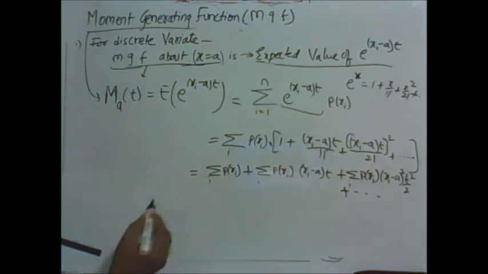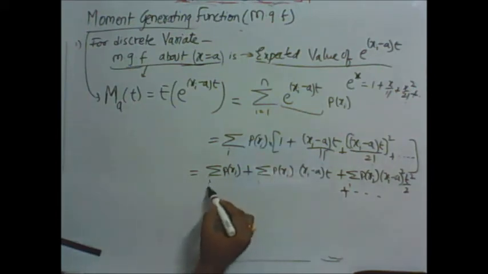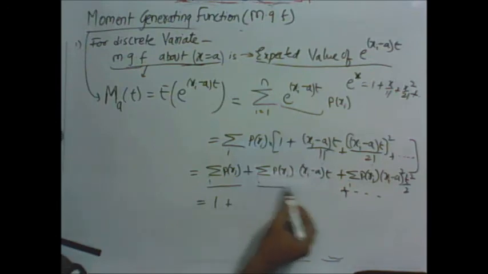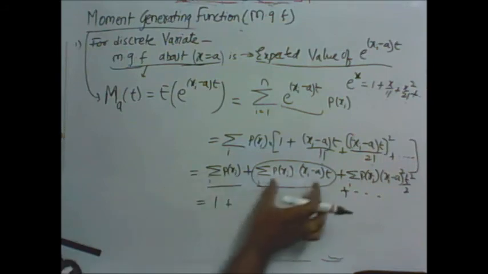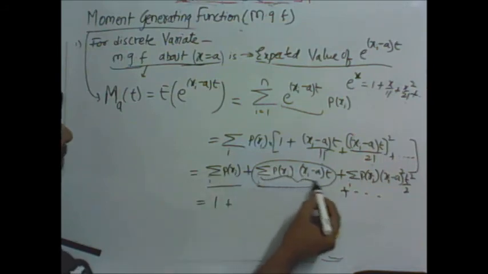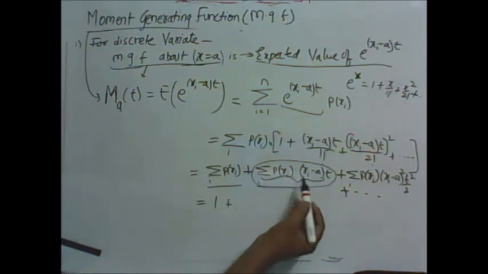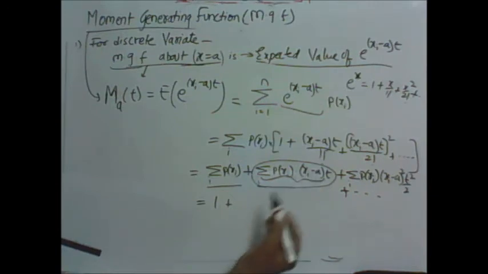This we can write as 1 plus, t is a constant, we can take it outside. Up to this part it is nothing but the moment of the probability distribution about a, first moment.